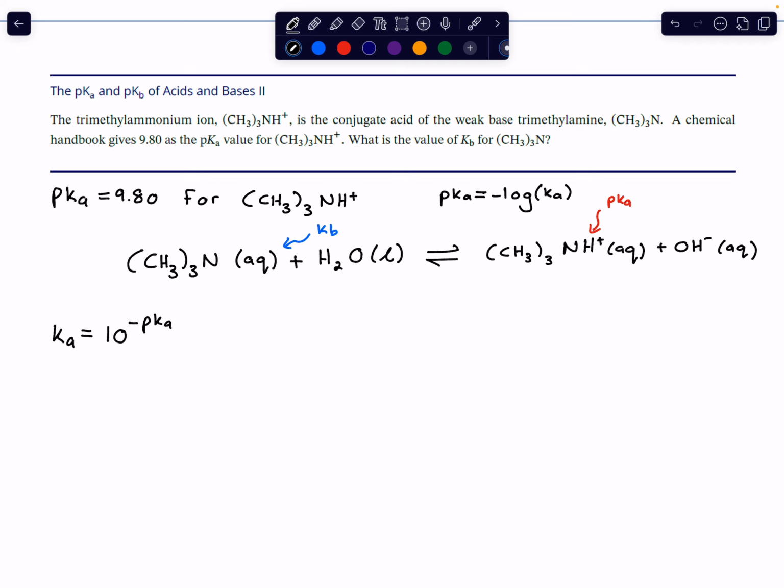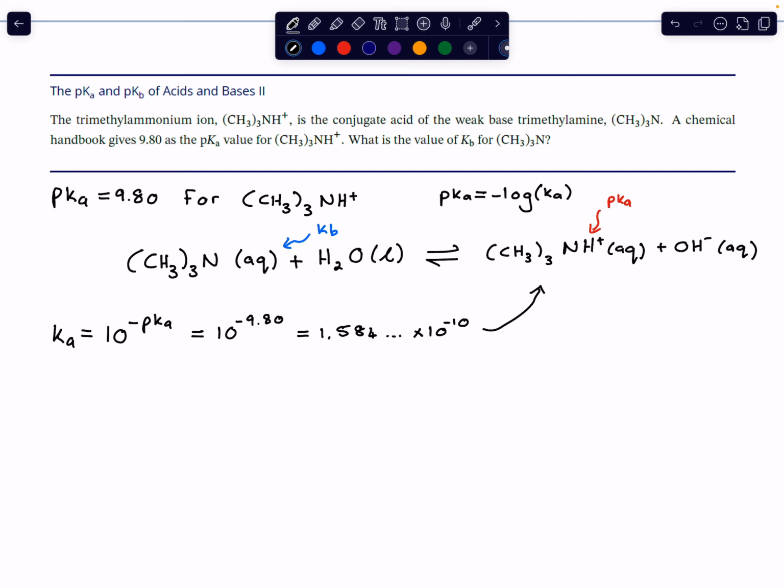If you solve that for Ka, you get Ka equals 10 to the negative pKa. Plugging in 10 to the negative 9.80, you get a value of 1.584 and so on, times 10 to the negative 10. This is the Ka for the conjugate acid.